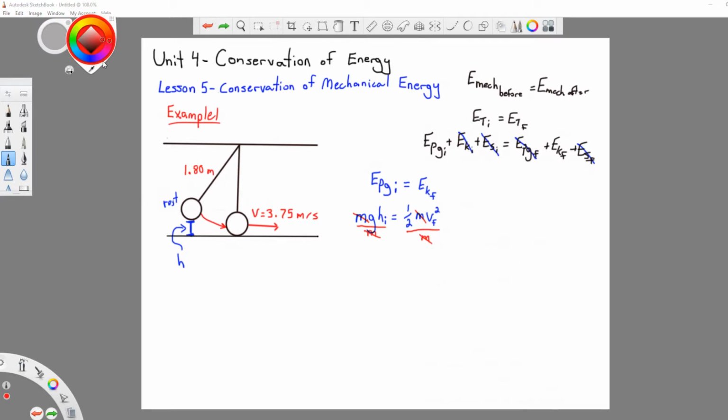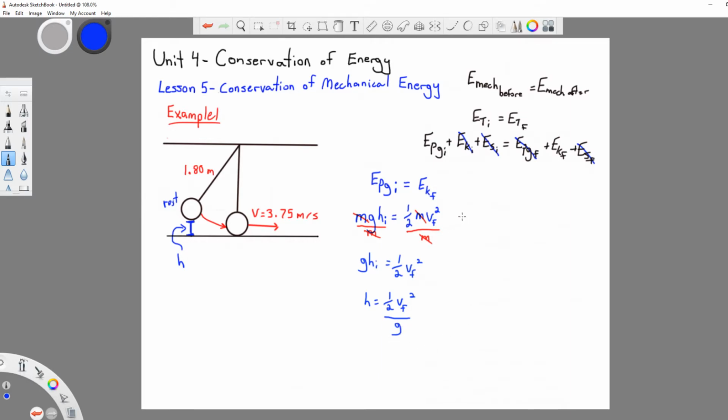Alright, so back to blue, and let's do gravity times height initial, which is what we're looking for, by the way, is equal to 1/2 velocity final squared. If we're looking for height, let's just divide it out on this side and say height is equal to 1/2 velocity final squared divided by gravity.